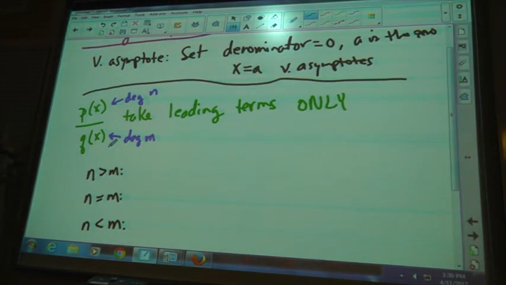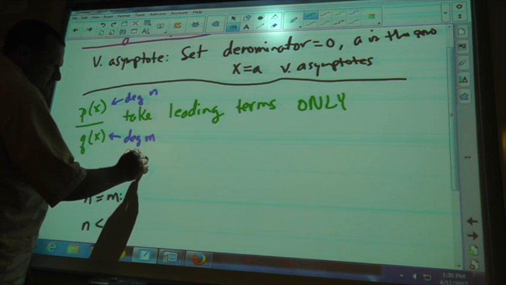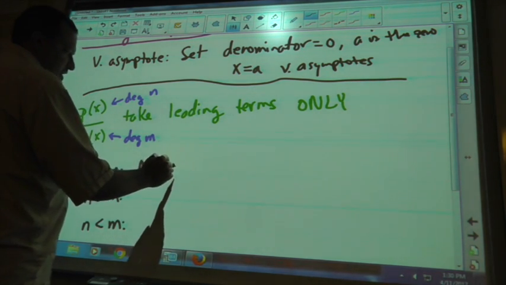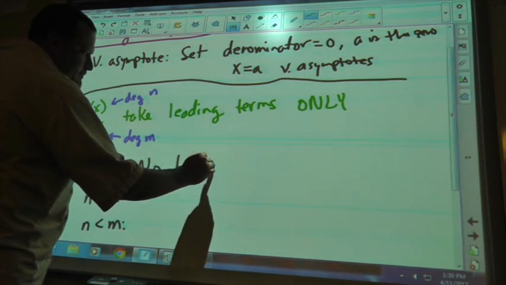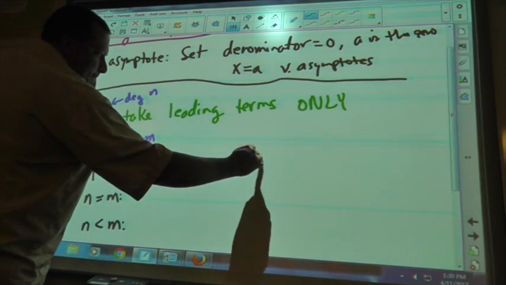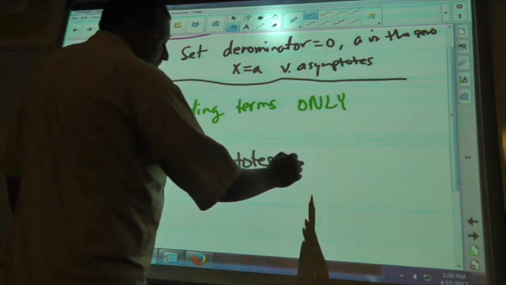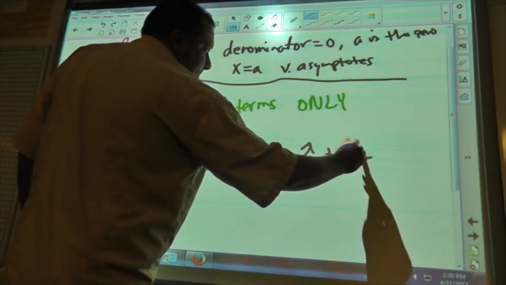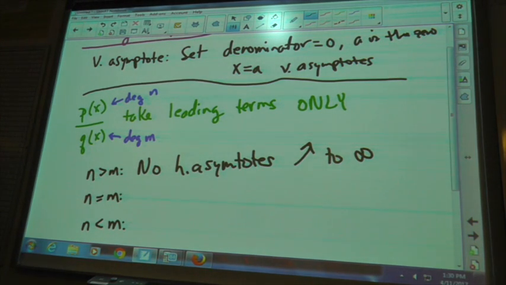No horizontal asymptote. It goes to infinity. So I got so many pizzas that we just can't eat them fast enough.